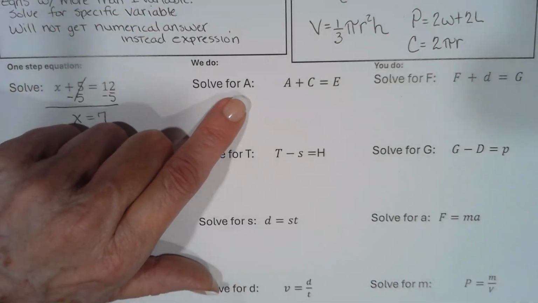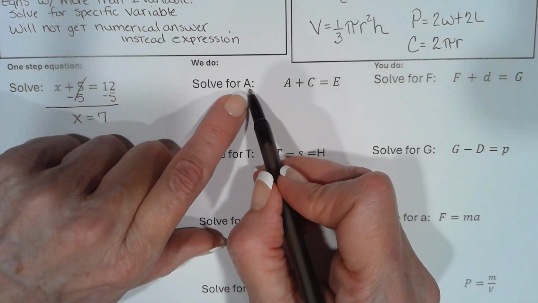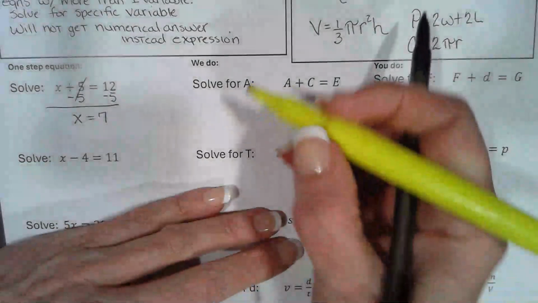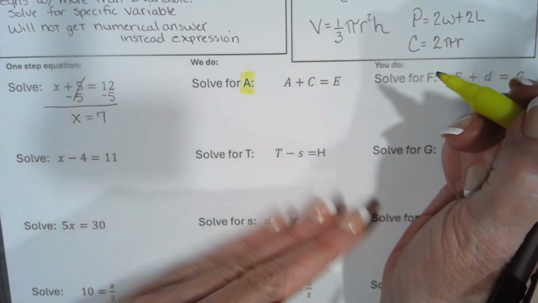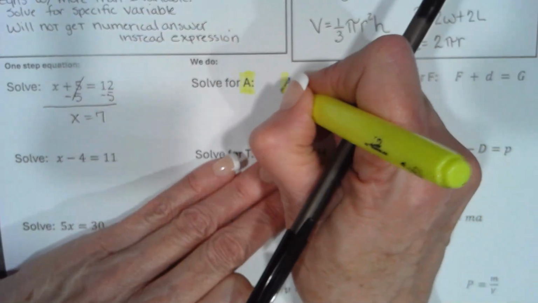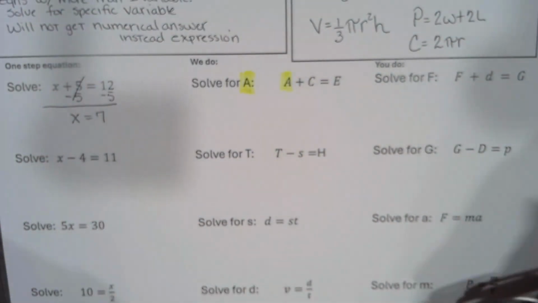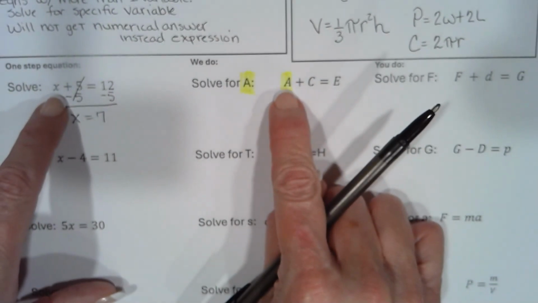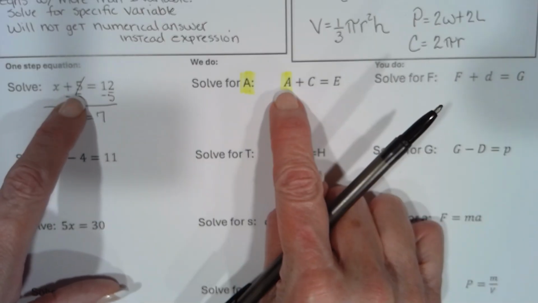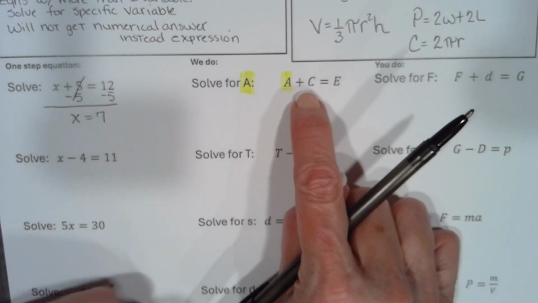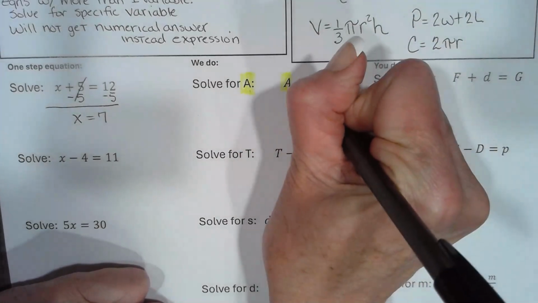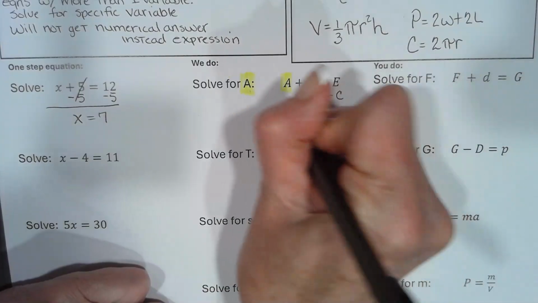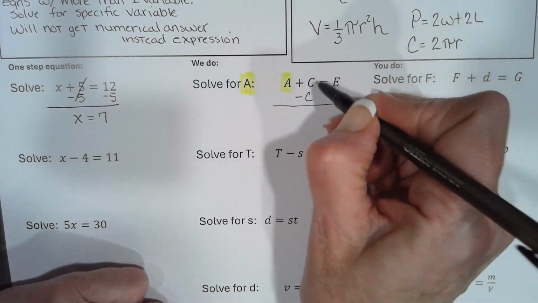Okay, with literal equations, they have to tell you what to solve for, so you have to read, because they could ask you to solve for C instead of A. Okay, so I'm just going to highlight what I'm solving for. So just like this, here I moved the 5, here I've got to move the C. Since it is added, the opposite of addition is subtraction, so I'm going to subtract C on both sides.